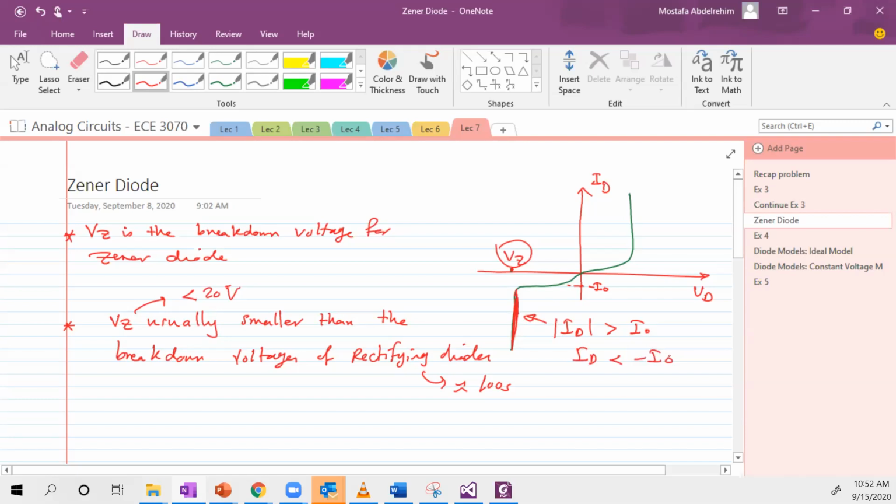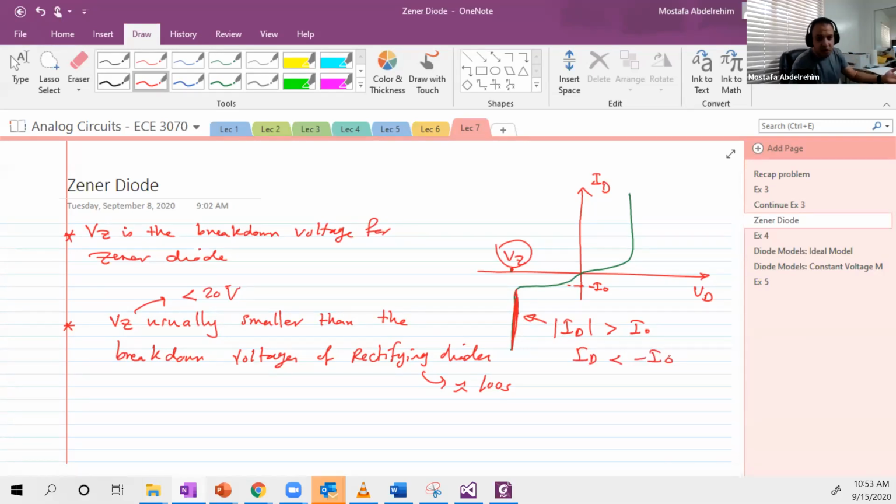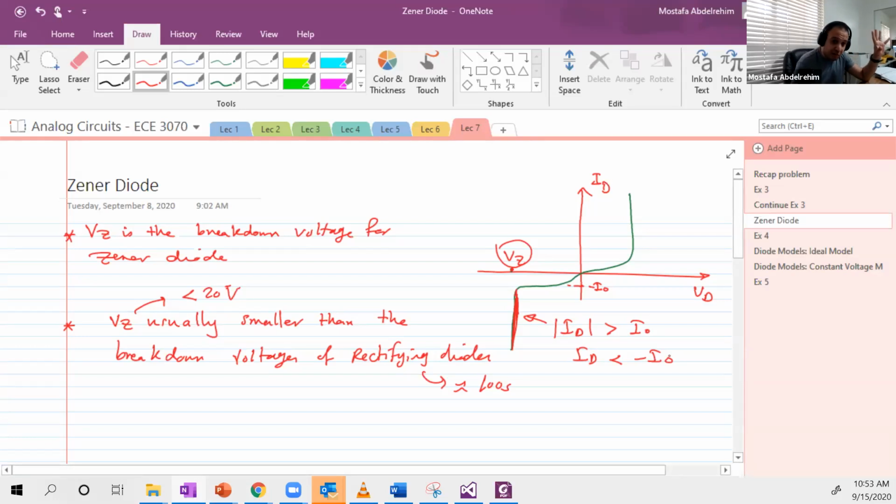For example, if I naught is minus 1 milliamp, ID should be, for example, minus 2 milliamps or lower. And the breakdown mechanism here is not the one that I explained when I explained why we have breakdown in diodes in general.